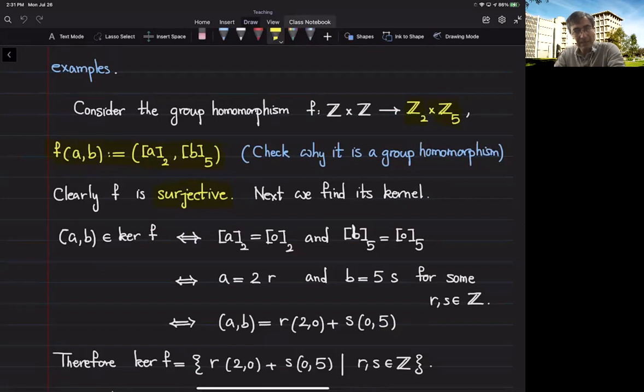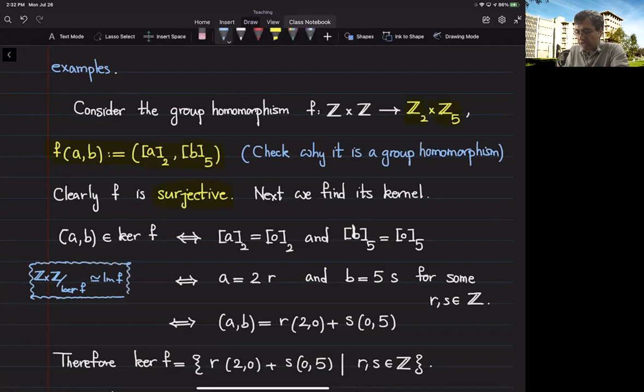So in this example, that means Z cross Z modded by the kernel of F, the quotient factor group of Z cross Z by the kernel of F, is isomorphic to the image of F. We have already discussed what the image of F is. The image of F is the entire codomain, Z sub 2 cross Z sub 5.